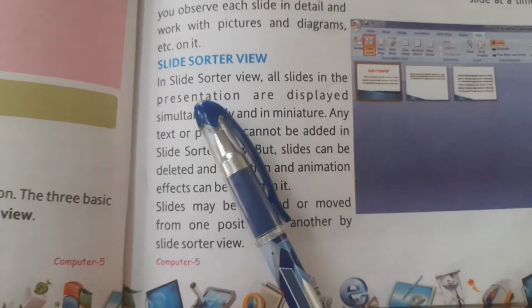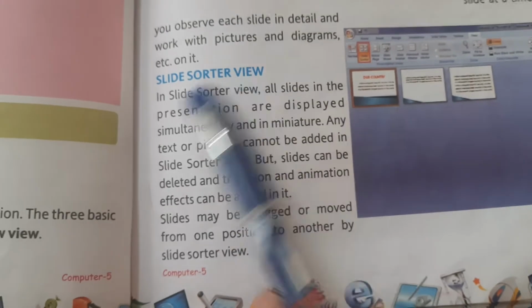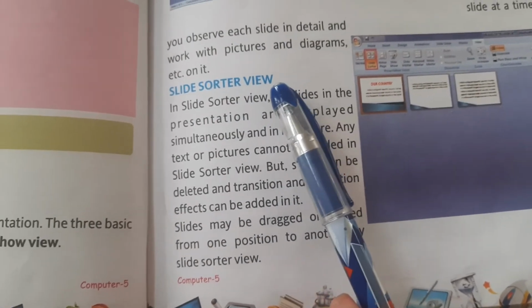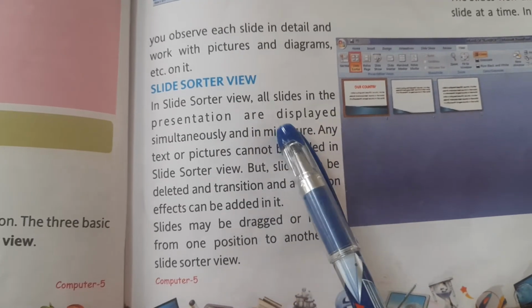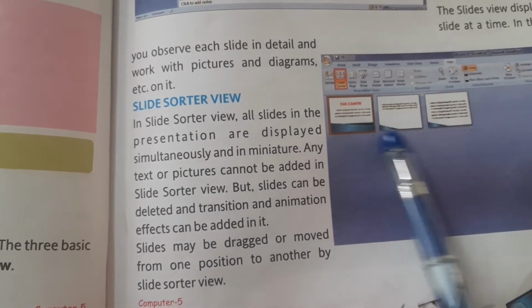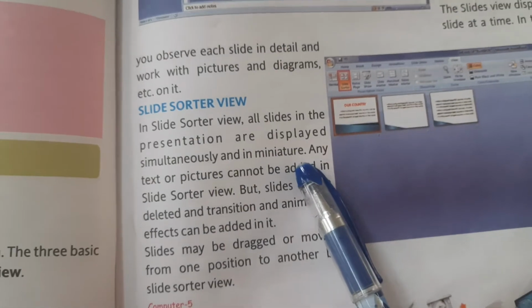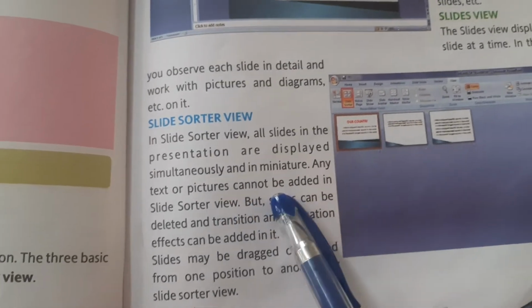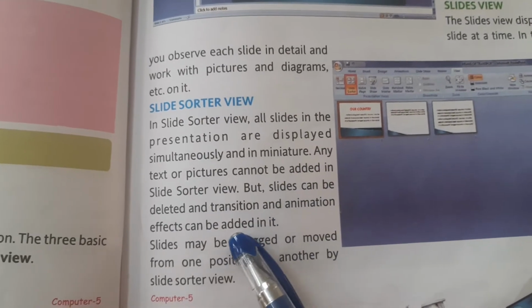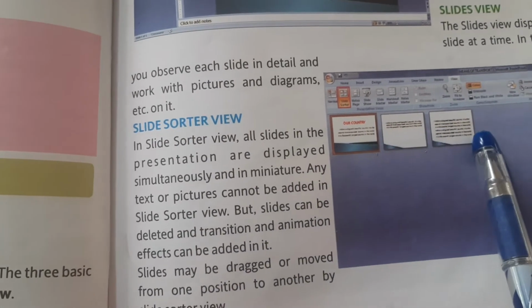Then next is slide sorter view. As the name suggests, it is used for sorting the different slides. So here the slides are displayed all together simultaneously and in miniature form. We cannot add text or pictures here, but the slides can be deleted.